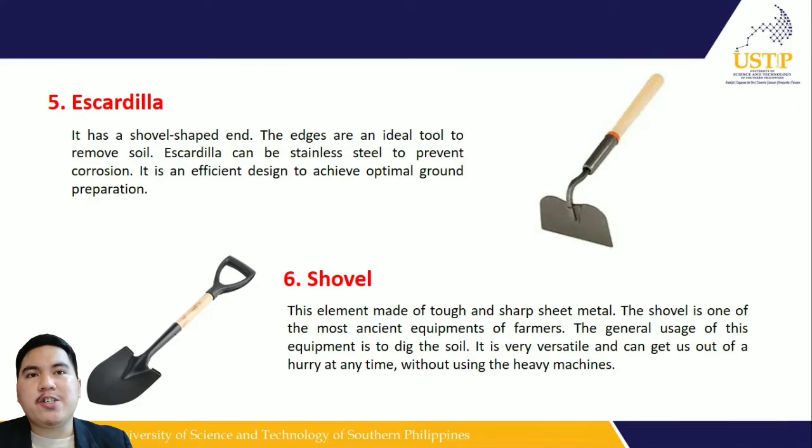As you can see the picture, ang escardilla kay naghapon siya long handle, same sa shovel. But ang iyang top head or ang iyang ulo-ulo kay na siya pa-curve. Pwede gihapon nato ni siya gamiton in removing soil for farming. Okay? So nasabtan ra ang escardilla class.